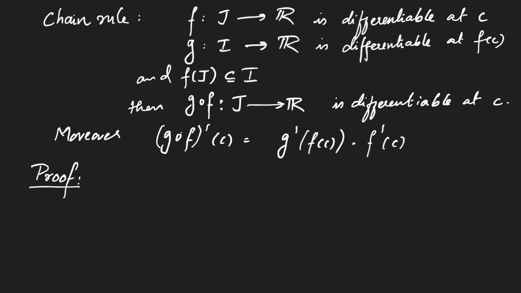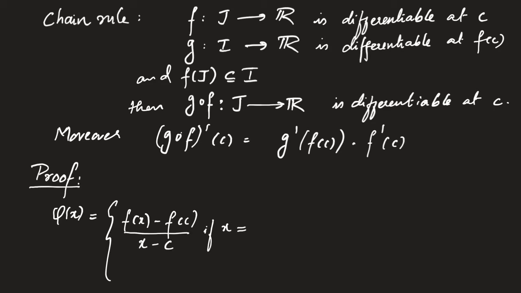Now that we have the basic idea, let us flesh out the details. Let us define the two functions phi and psi. The function phi of x is given as f of x minus f of c by x minus c if x is not equal to c, and is equal to f dash of c if x is equal to c.